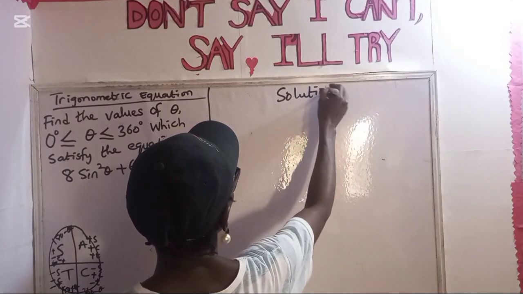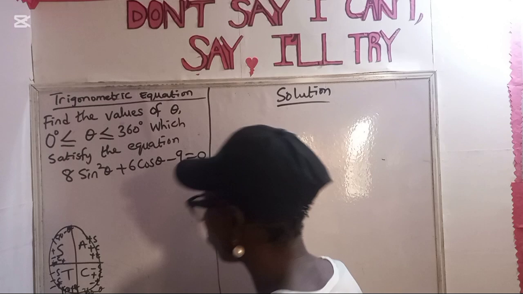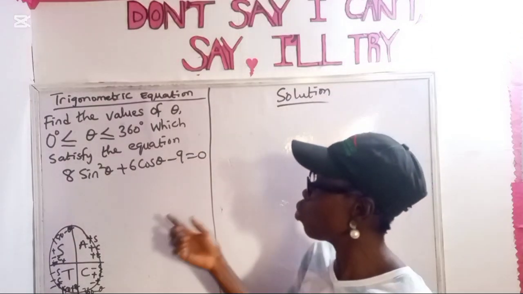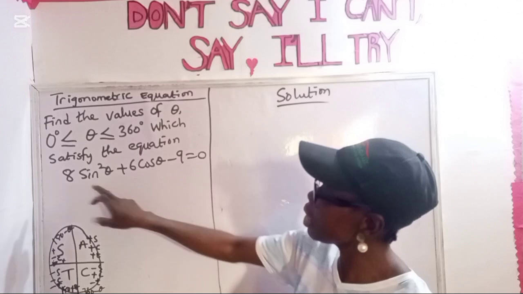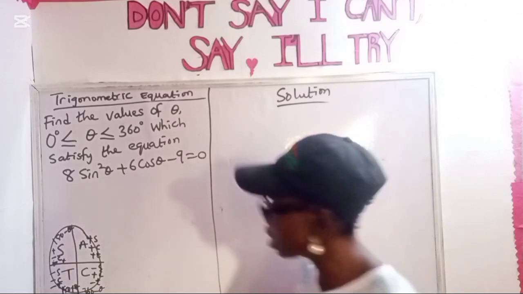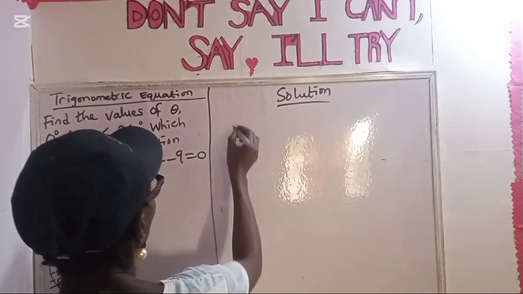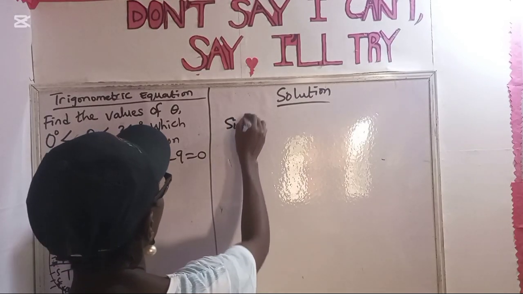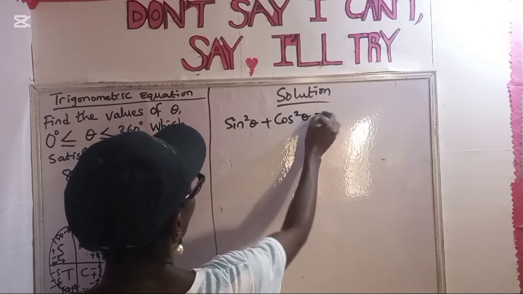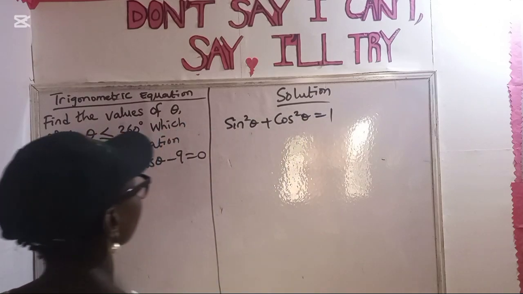The first thing we need to look at is the identities of this trigonometric equation. Are they the same? They are not. We need to make them the same identities. We know that sine square theta plus cos square theta equal to 1, right?